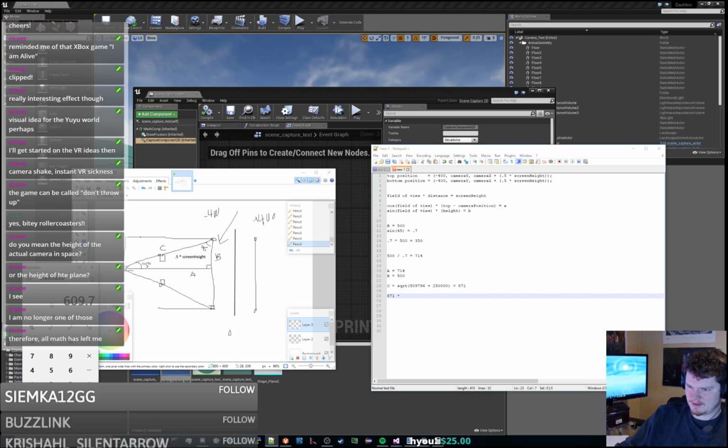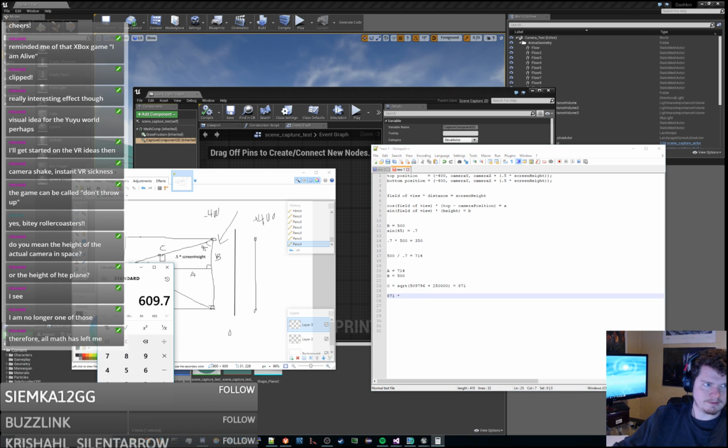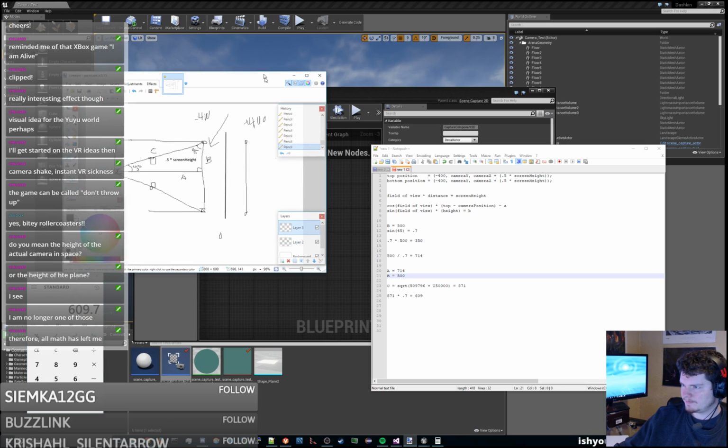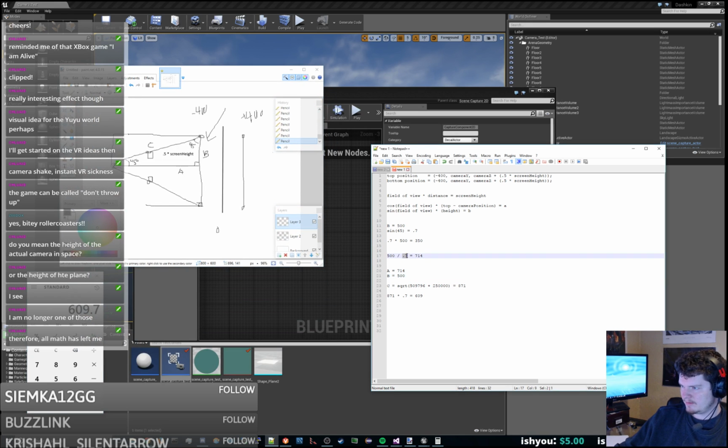No, it needs to be the cosine, so cosine of 45. Cosine of 45 is 0.7 again, so 609. So it's not correct. We can't just divide by the sine or cosine to get what we need.